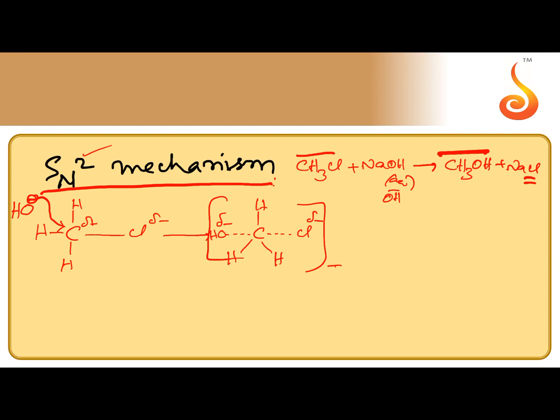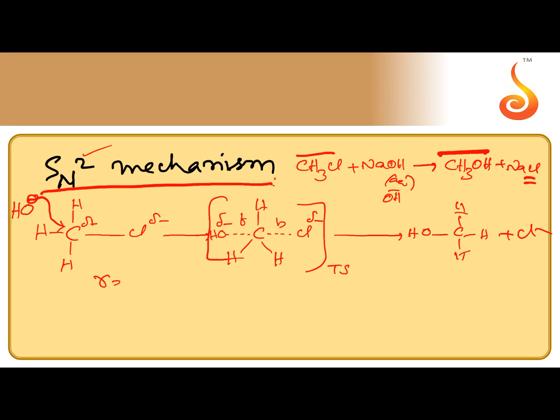So after the establishment of the transition state, the C-Cl bond is broken and the C-OH bond is formed at a time, that is a concerted reaction. So OH is attached to carbon from the opposite side. So this is a single step process but via a transition state.